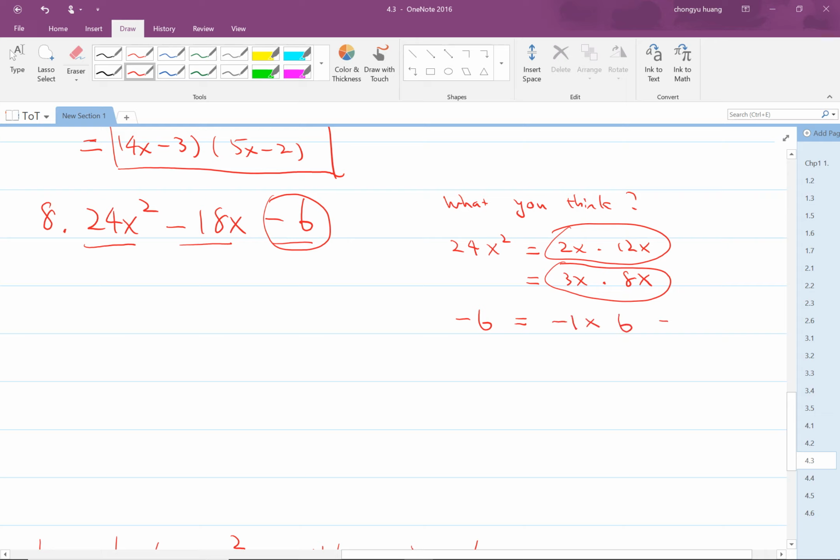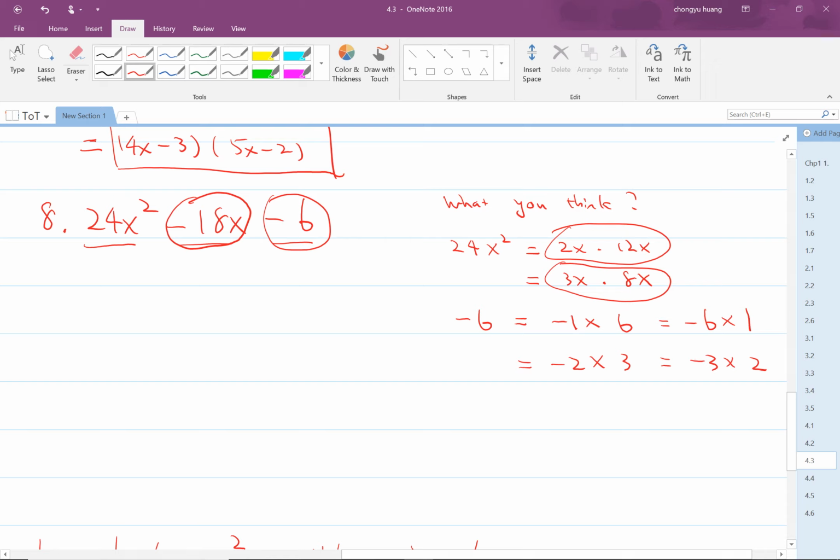It can also become -6 multiplied by 1. -6 can also become -2 multiplied by 3, or -3 multiplied by 2, right? Those are the choices you have to make the number become -18.